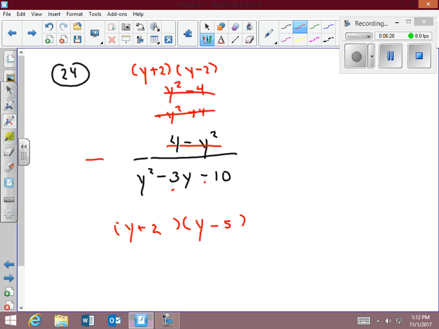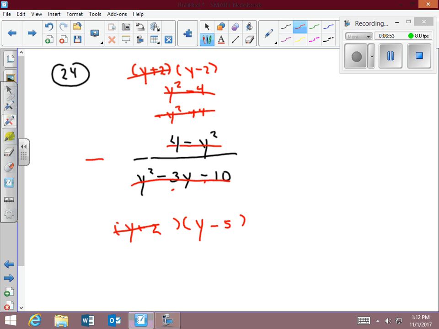So any question on how that's factored? Now we've got both numerator and denominator completely factored. And what you look for is like terms. What is the like term in the numerator and denominator? Y plus 2. You see, when you put those over top of each other, they're multiplicative inverses, they become 1, right?